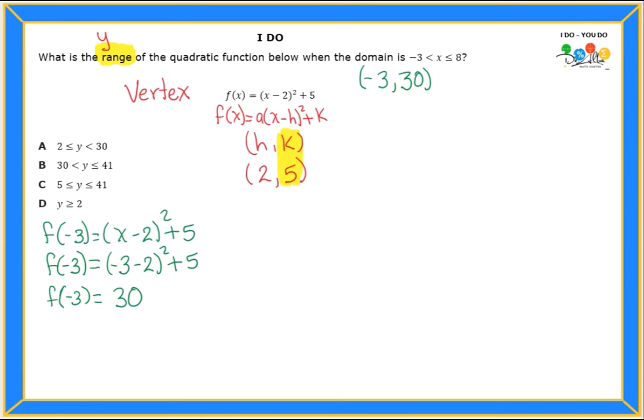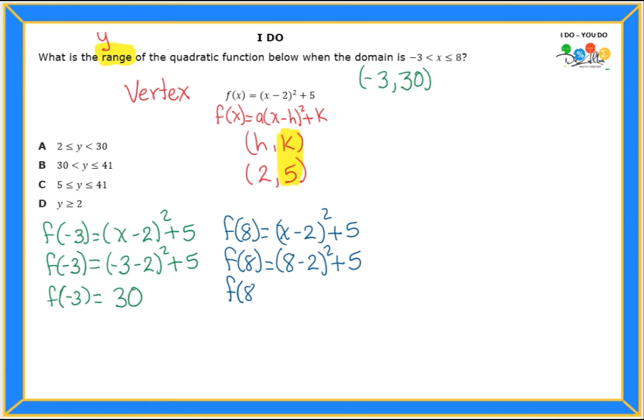So let's do the next one. So now I'm going to evaluate my function with a +8. So I'm going to say f of 8 is equals to, let's write down the function, because I'm trying to find the value for y when x is 8. So I'm going to say 8 minus 2 squared plus 5.